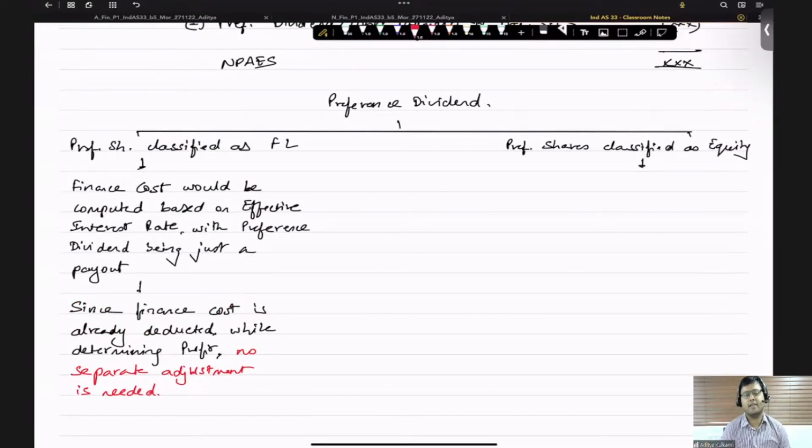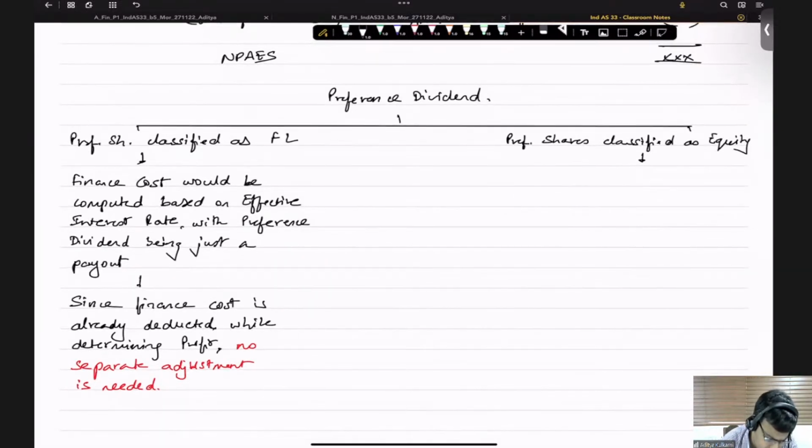Okay. So this takes care of preference dividend classified as financial liabilities. Okay. Next one is classified as equity.